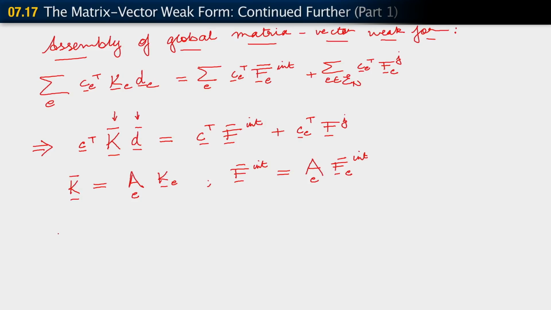Okay, let's now talk a little about K bar. Essentially this process of assembly is something that we go through by looking at mesh connectivity and simply putting together the components of K bar by accounting for the local and global degrees of freedom.